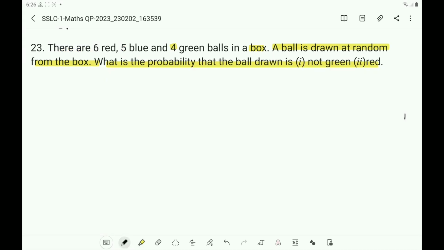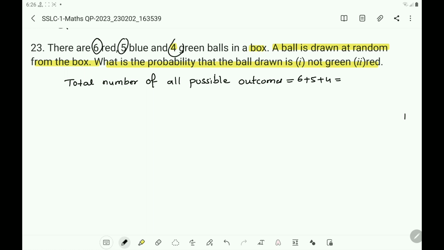So, in the first step you write total number of all possible outcomes, which is equals to sum of all balls, 6 plus 5 plus 4, which is equals to 6 plus 5 is 11. 11 plus 4 is 15.